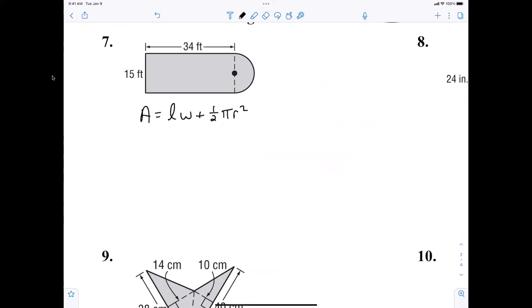I want everybody to write the formula for the area, because on some standardized tests, you might be going to a private school. They're not going to give you formulas. All right. So you have to know the formulas. Anybody have any questions? Write the formula and then make the substitutions. All right. So area is equal to, I don't care if you tell me what 34 times 15 is.